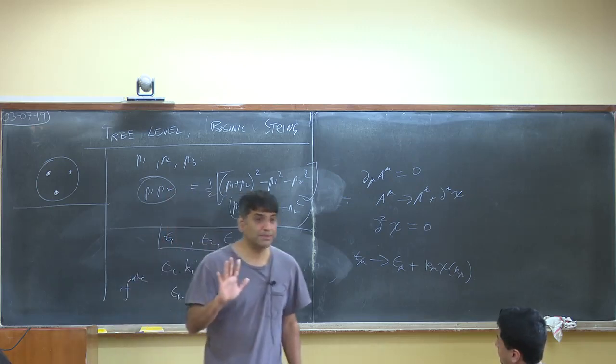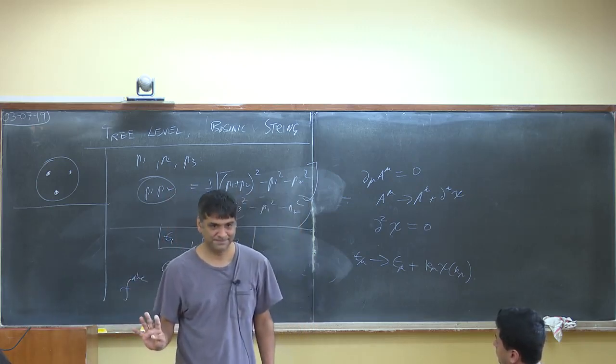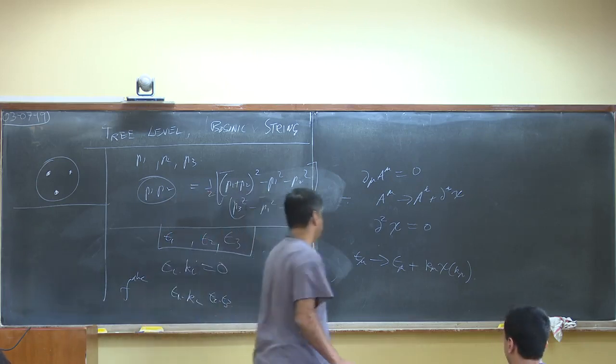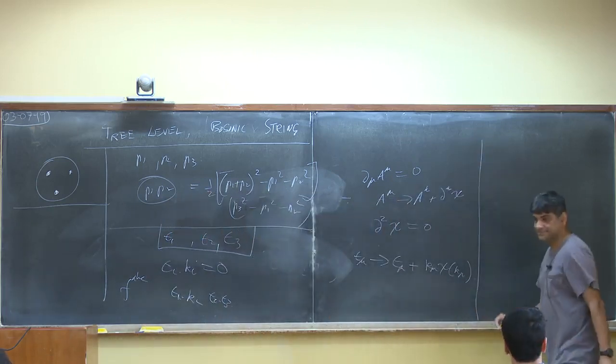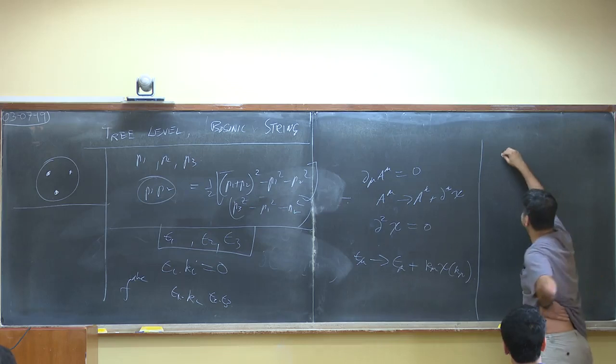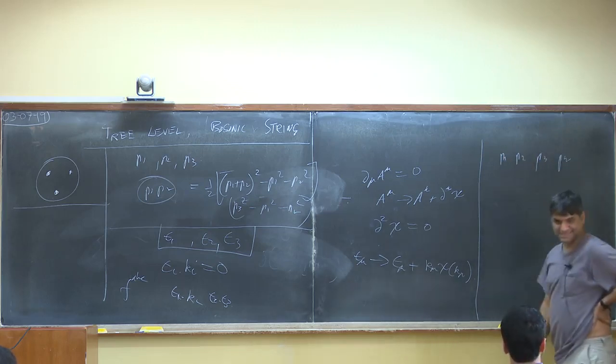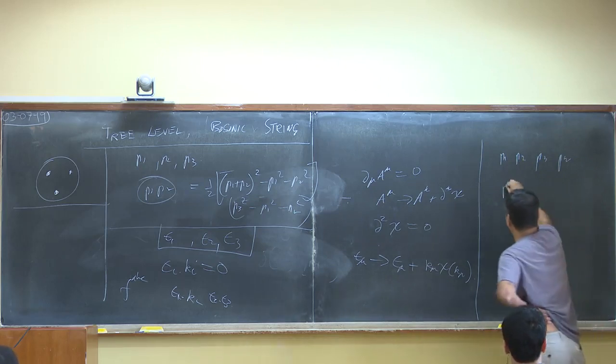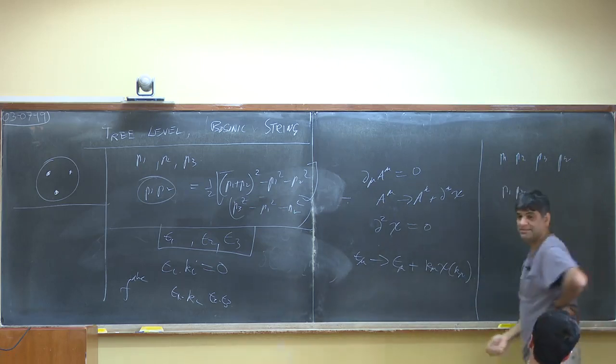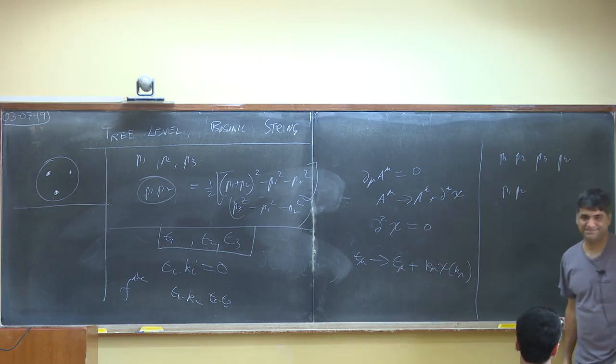I want to contrast this with 4-particle scattering. 4-particle scattering, let's go back to scalars, is a function of 4 momenta, P1, P2, P3, and P4. And now P1 dot P2 is non-trivial.